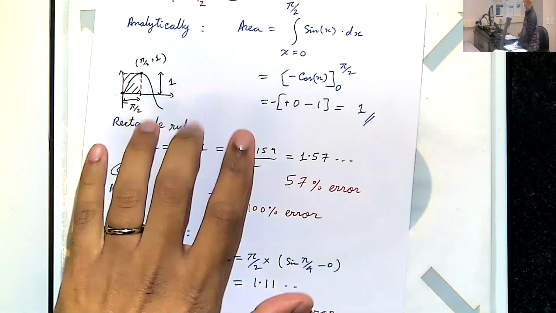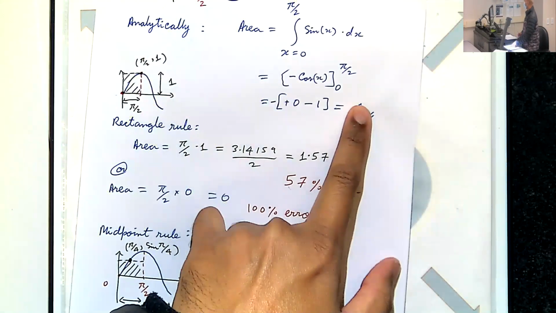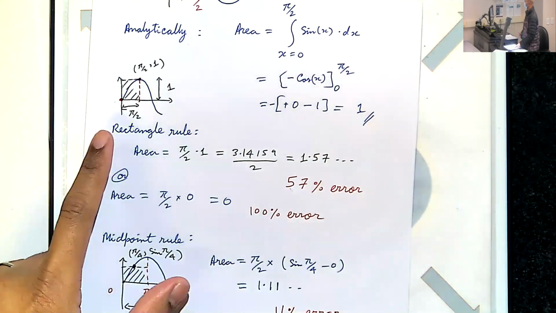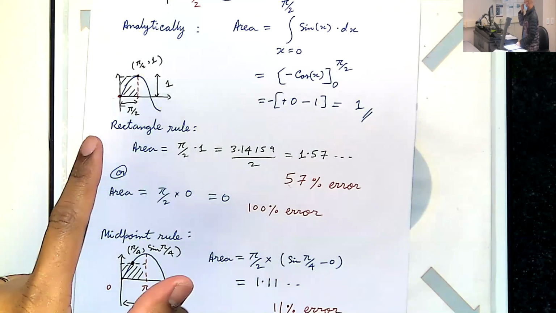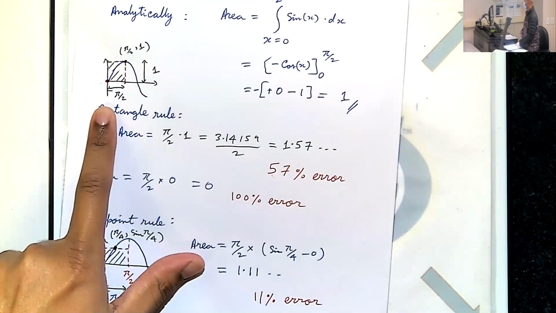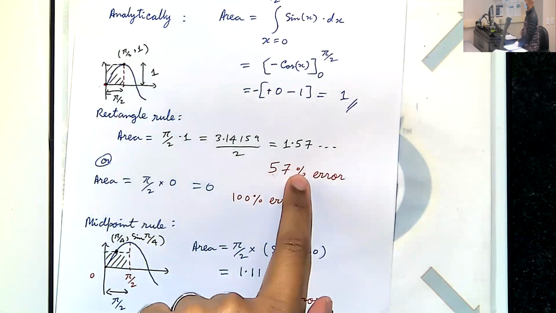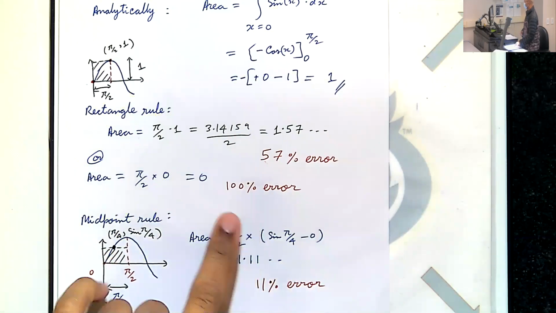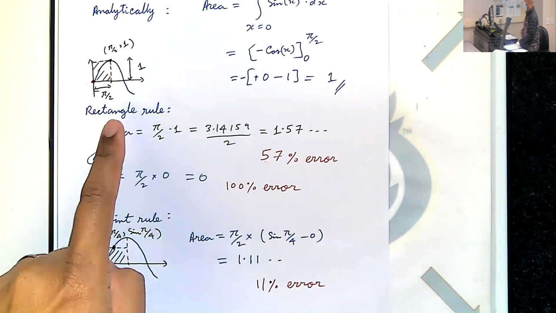Analytically, we figured out the exact value of the area is 1 unit squared. Then we were trying different numerical rules. First, rectangle rule: one way gave us a 57% error, another way gave us a 100% error. So you almost never want to use the rectangle rule.